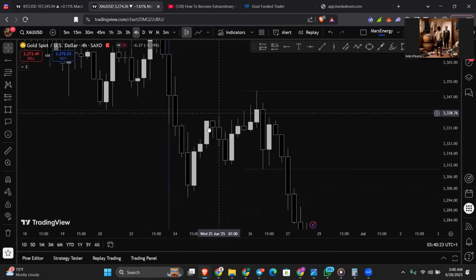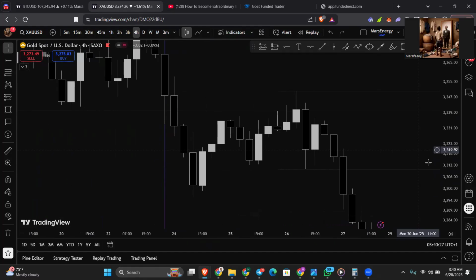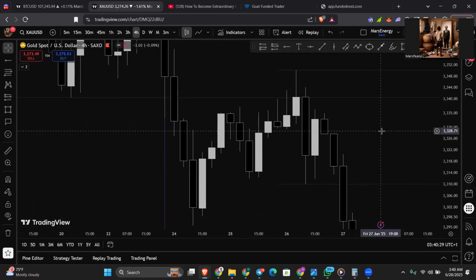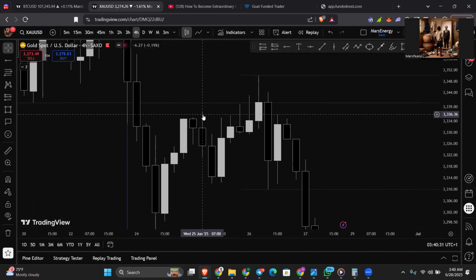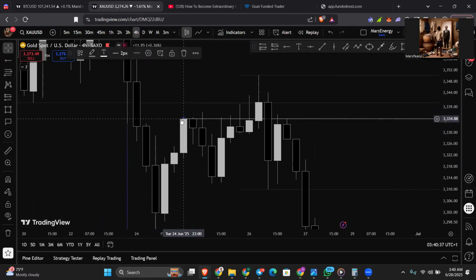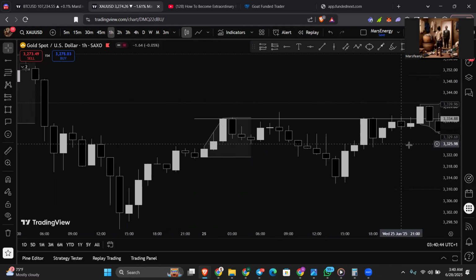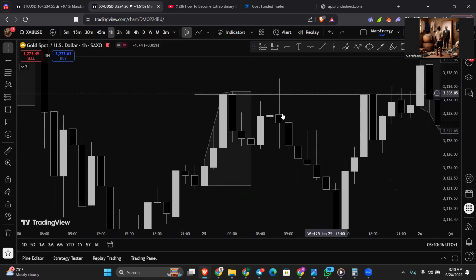Now I can go from H4 here because of some intel I'm having on H4, and build bias again. Now this H4 tap and reject, if I go down to H1, and H1 gives me a breakout, then I will be looking for sales.